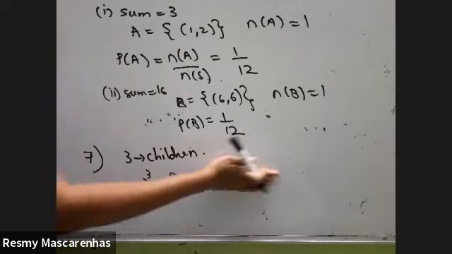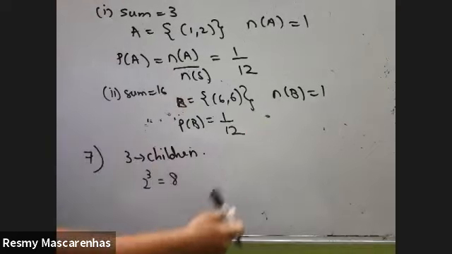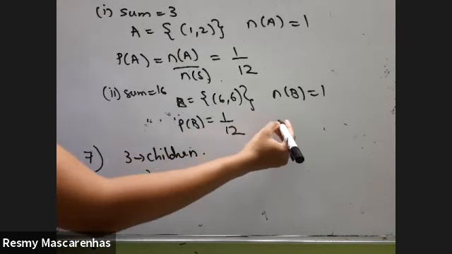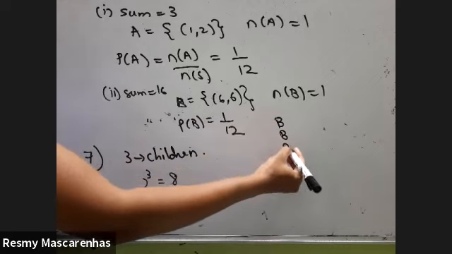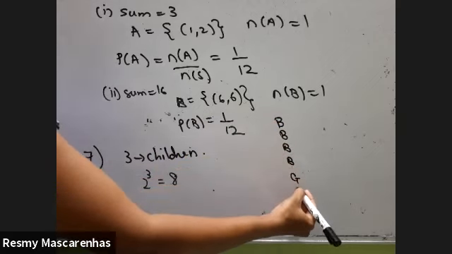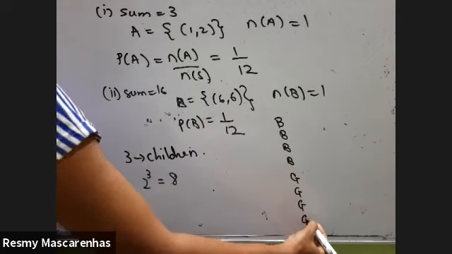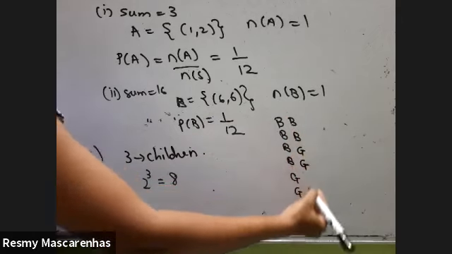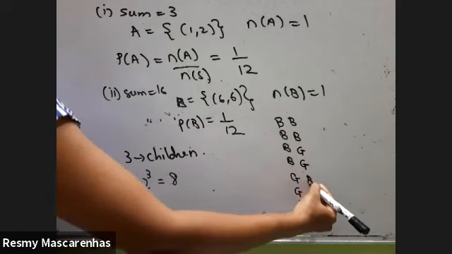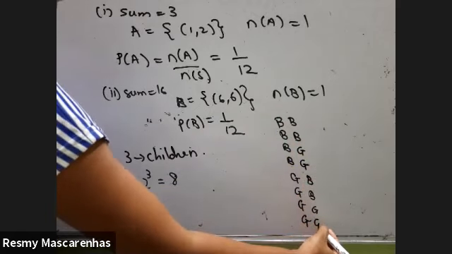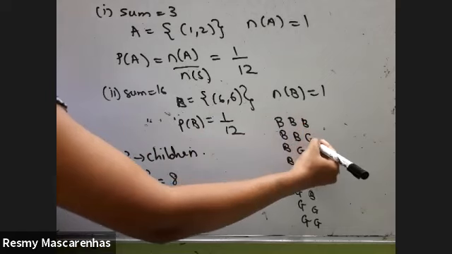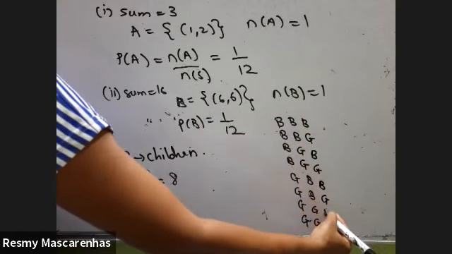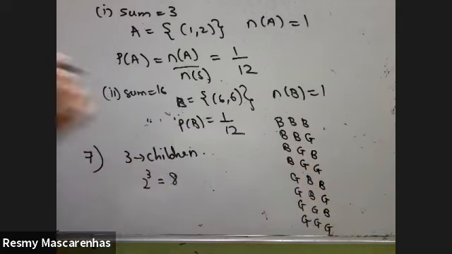As we did for 3 coins, same way you have to do it. First you can write 4 boys, 4 girls. Then 2 boys, 2 girls. Then 1 boy, 1 girl each.